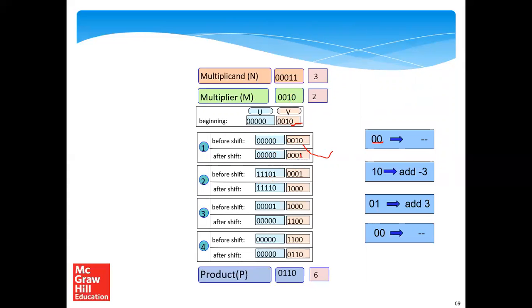Then we again check: the LSB is 1 and the previous bit is 0, so it becomes a 1 0 pair. A 1 0 pair means we simply subtract, so subtract 3.